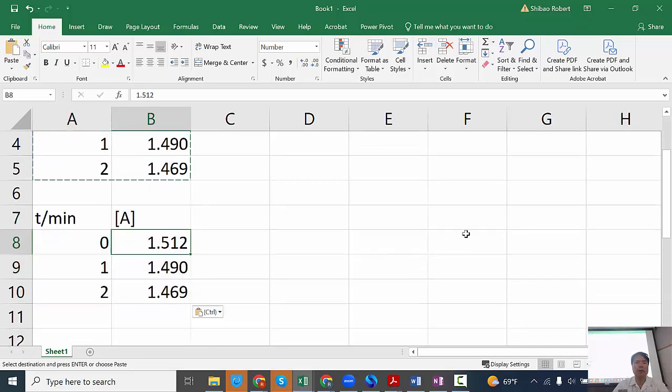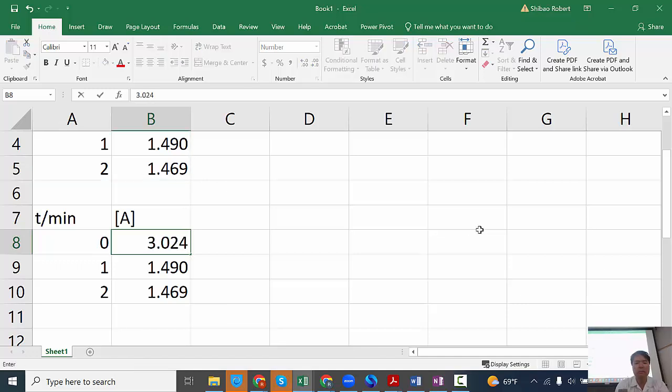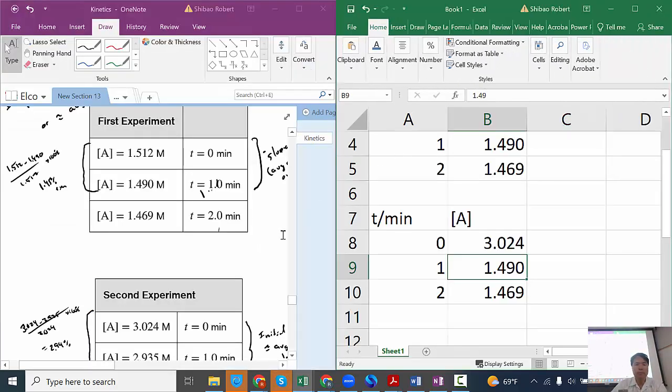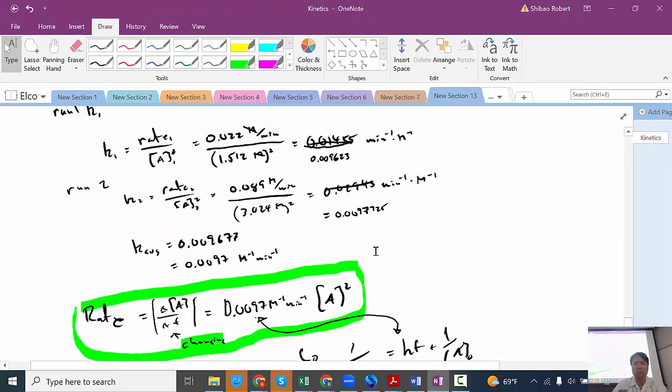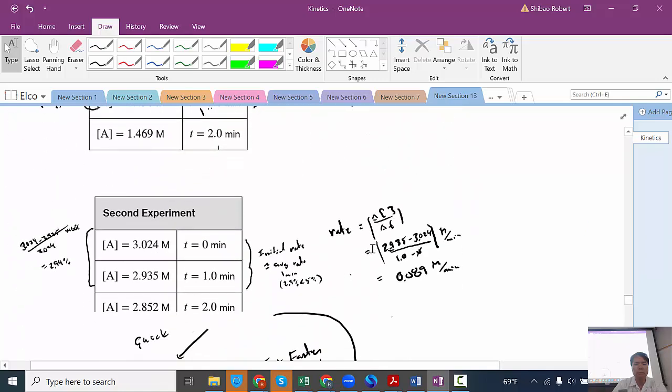It was 3.024 starting, 2.935, and 2.852.